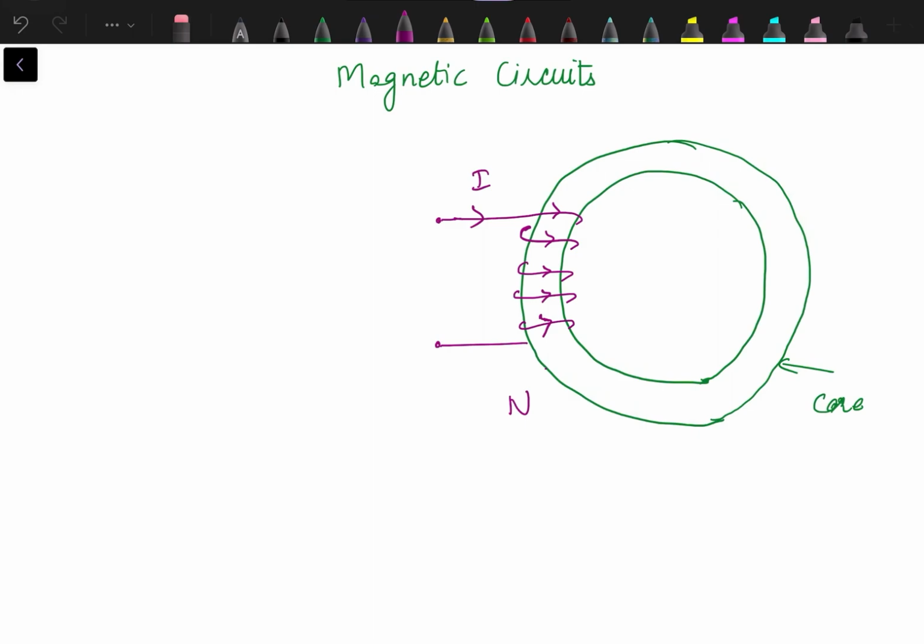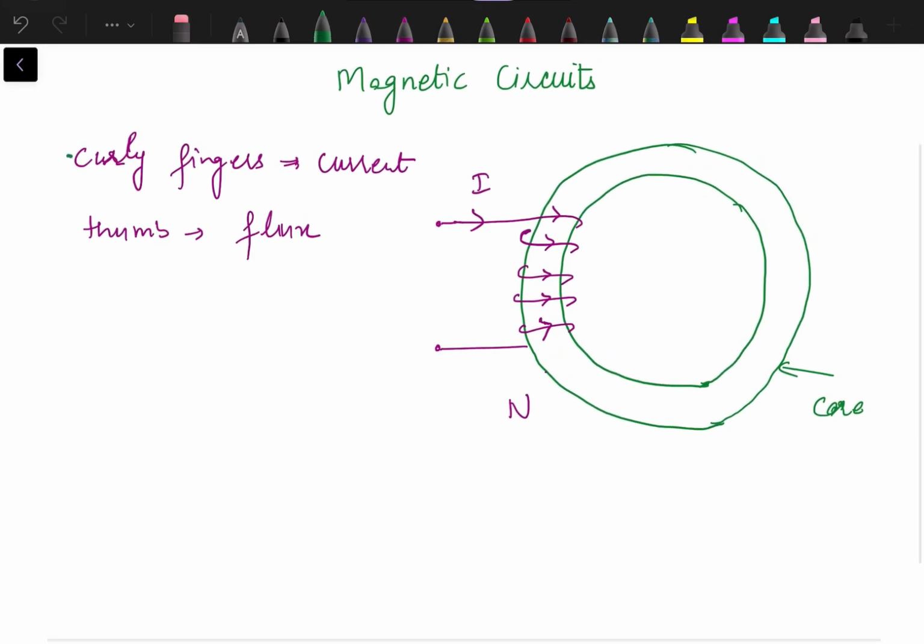According to right hand thumb rule, if the curly fingers represent the direction of current, then the thumb will give us the direction of flux. Or if the flux is represented by curly fingers, then the thumb will give us the direction of current.